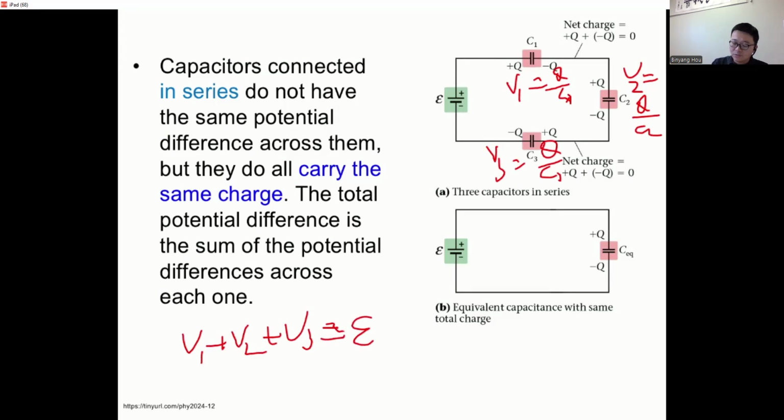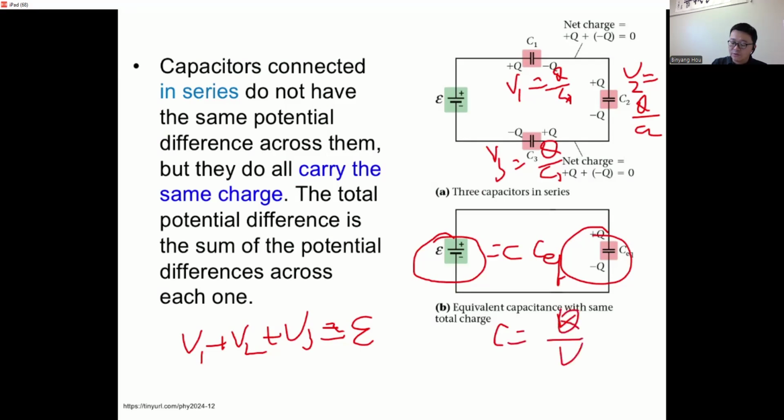Which in this case, the total voltage you can see from the equivalent circuit here, that should be equal to C times CEQ, because C is equal to the voltage or the Q divided by the voltage. Well, actually, give me one second.